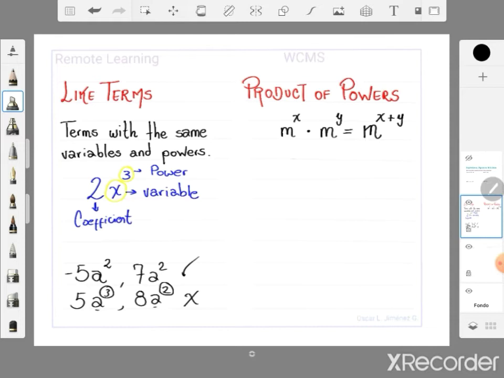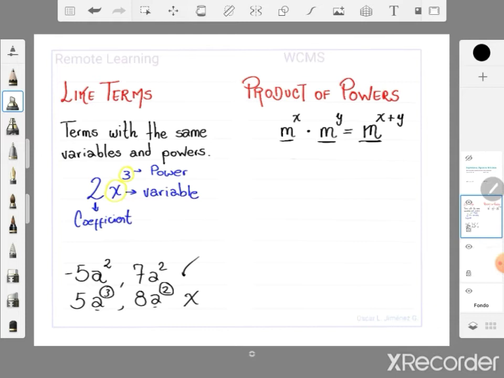Now, the second thing we need to remember is the product of powers. This is a rule for powers. When you multiply powers with the same base, you are going to keep the base, the same variable, but with the exponents, the powers, you are going to add the exponents, okay?